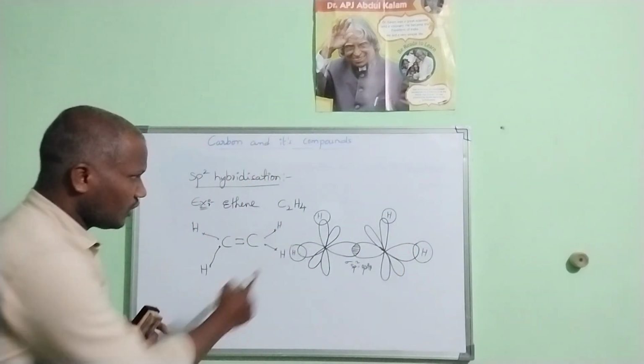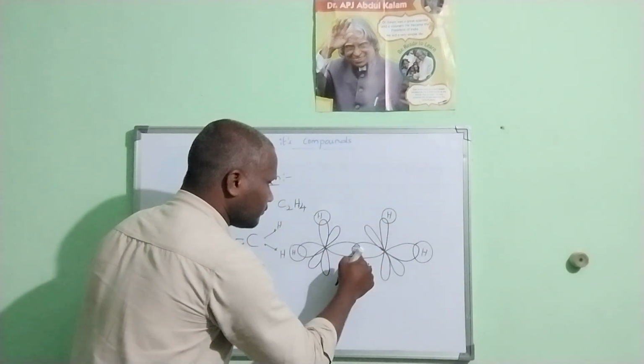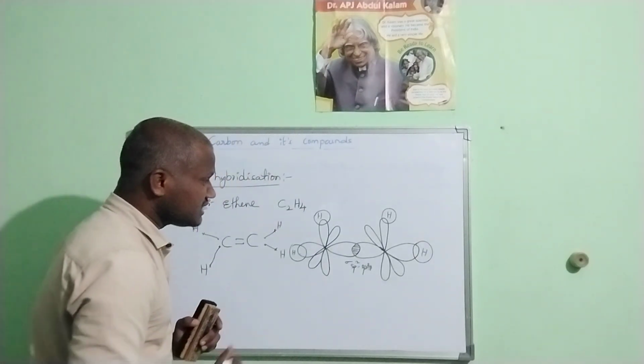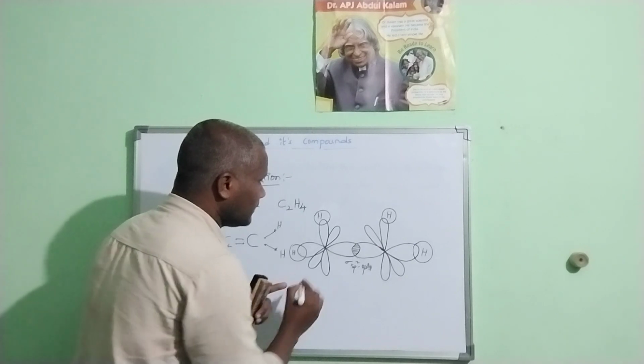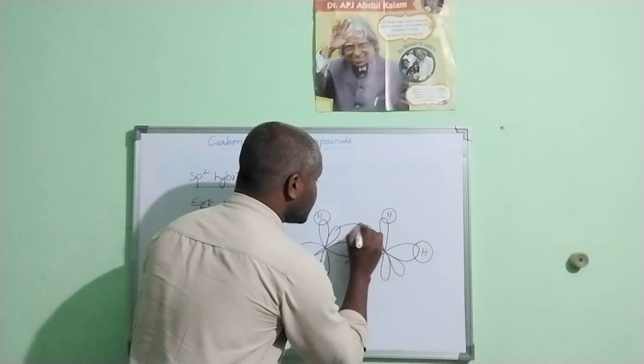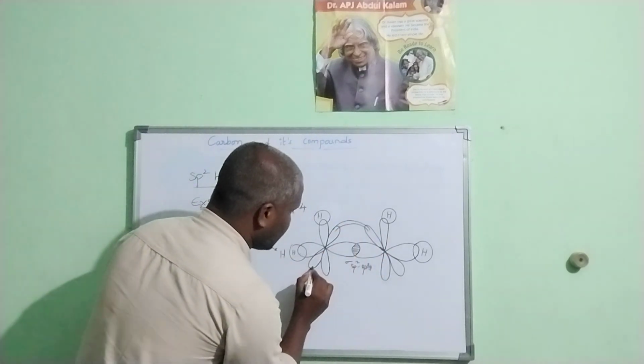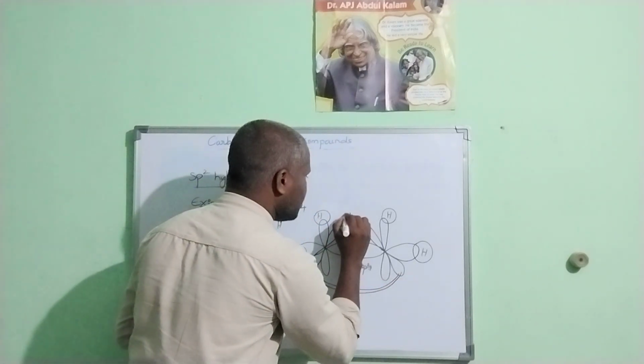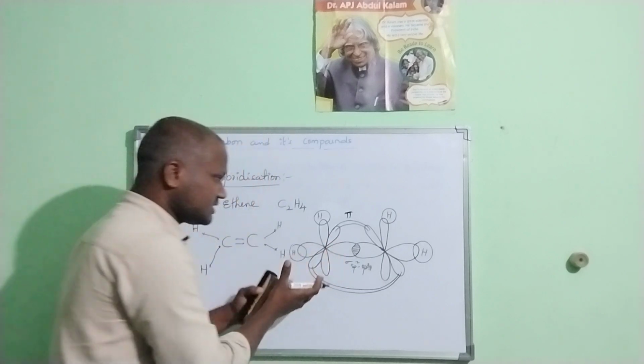So here we can see 1, 2, 3, 4, 5 bonds. And what about the 6th bond? The 6th bond is nothing but it forms between pz orbitals, that is lateral overlapping. By lateral overlapping, it is nothing but a pi bond. A pi bond is a very weak bond.